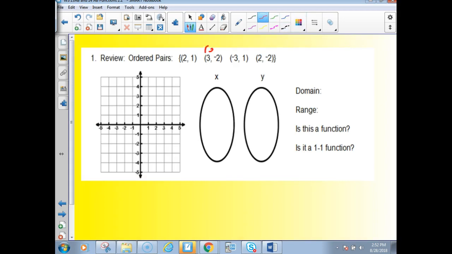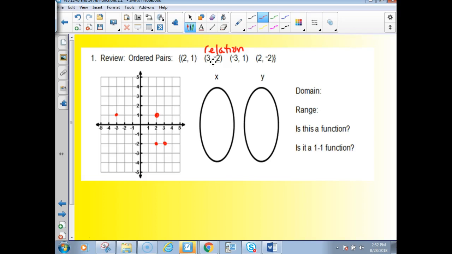This is a relation because it's just a set of points. If we were to plot them, (2, 1), (3, negative 2), (negative 3, 1) would be left 3, up 1, and (2, negative 2). There are multiple ways to tell whether this relation is a function or not.